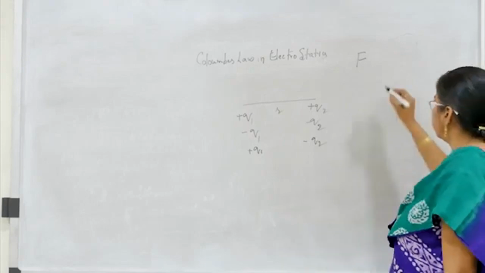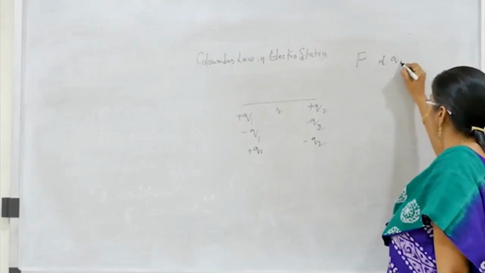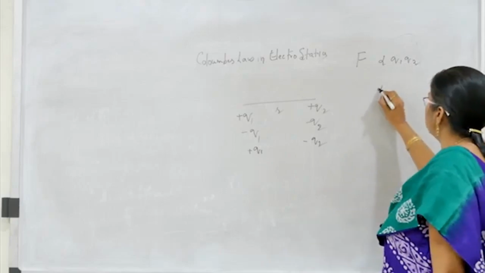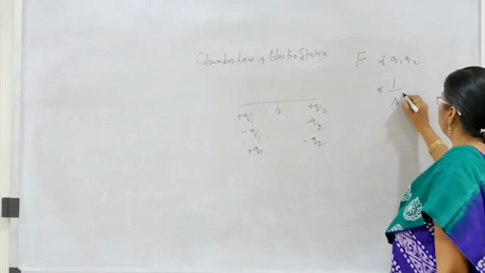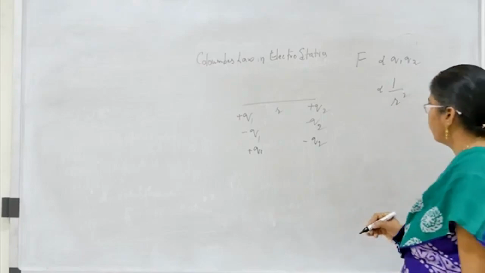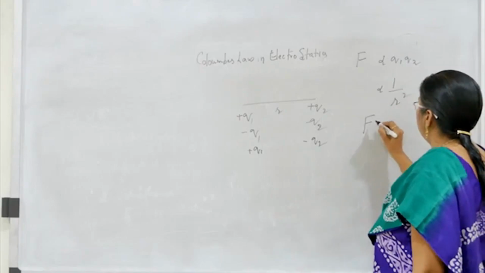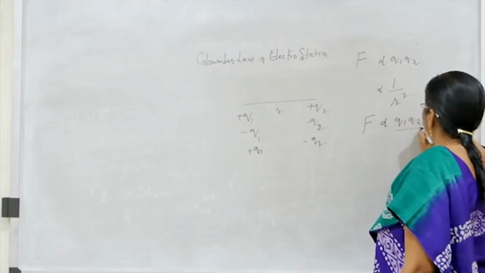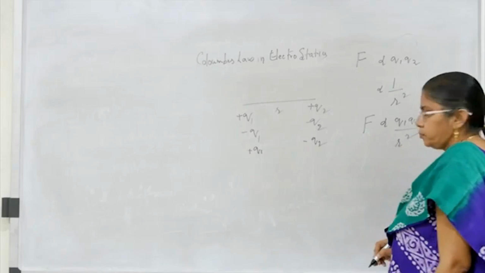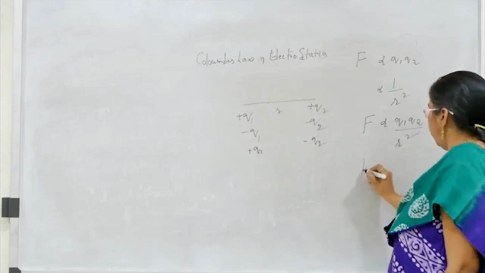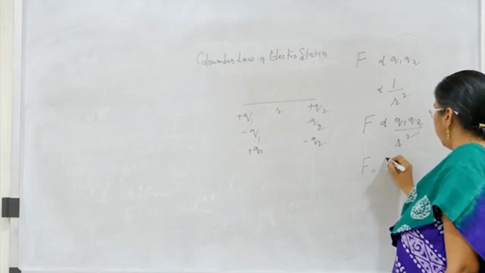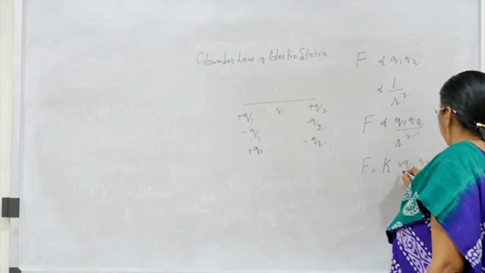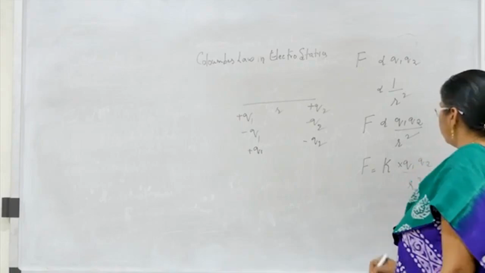between the two charges is directly proportional to the product of the charges and inversely proportional to the square of the distance joining the two charges, or F proportional to q1 q2 by r square, or F can be replaced by a constant known as k into q1 q2 by r square.